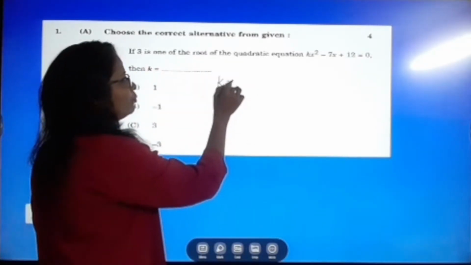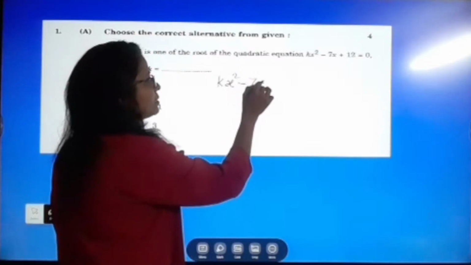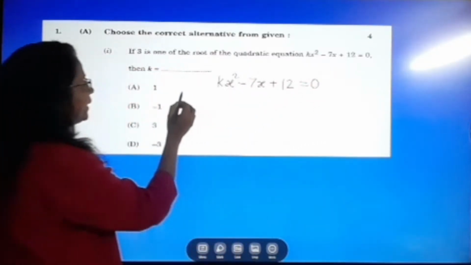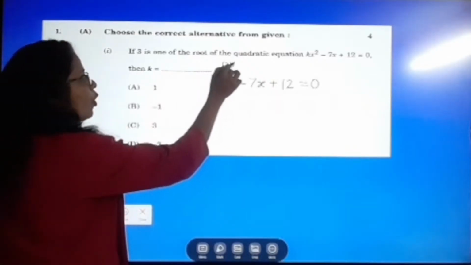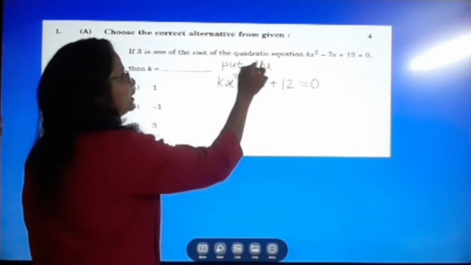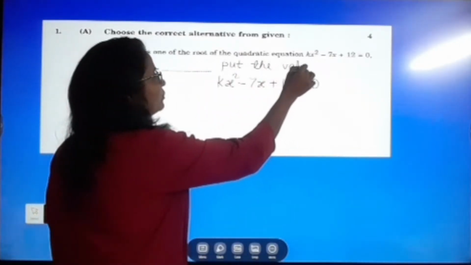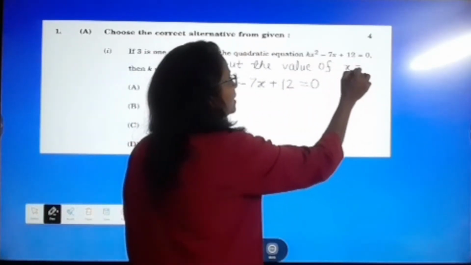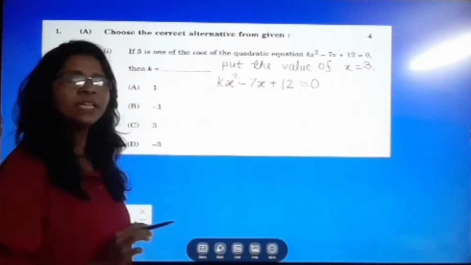So I write down kx square minus 7x plus 12 is equal to 0, and here put the value x is equal to 3 in this given equation.